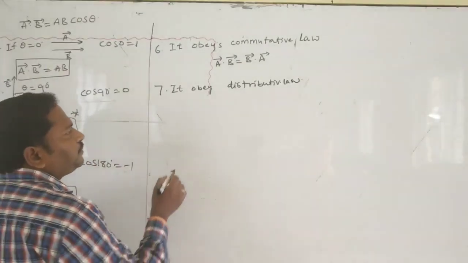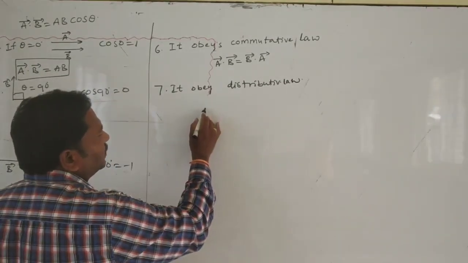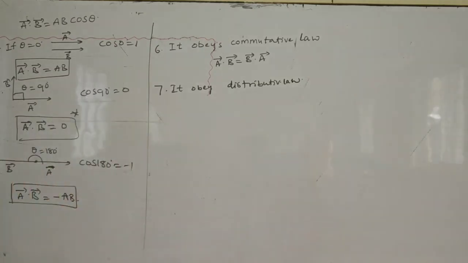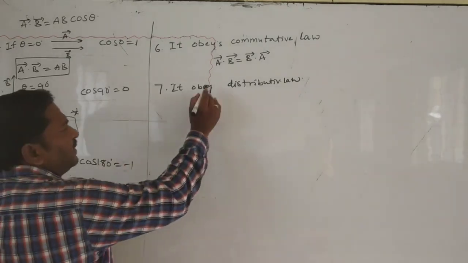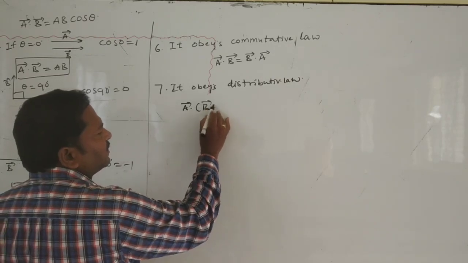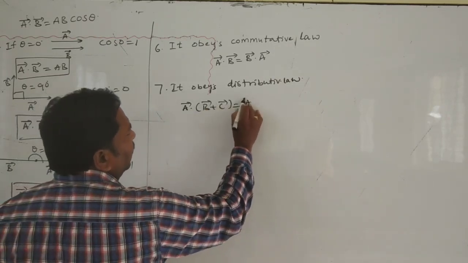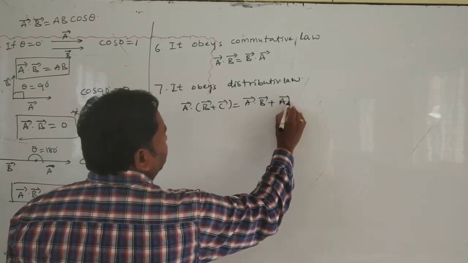So what is the distributive law? a bar dot of b bar plus c bar equals a bar dot b bar plus a bar dot c bar.